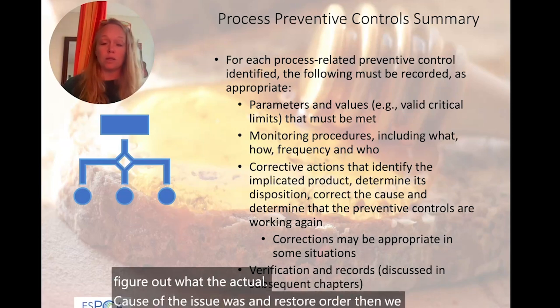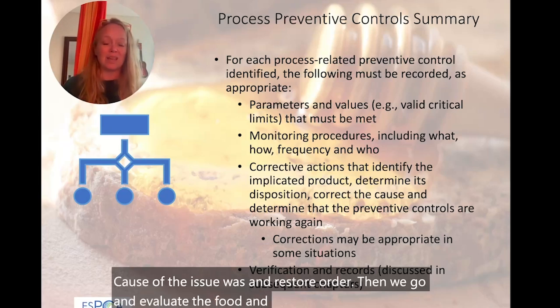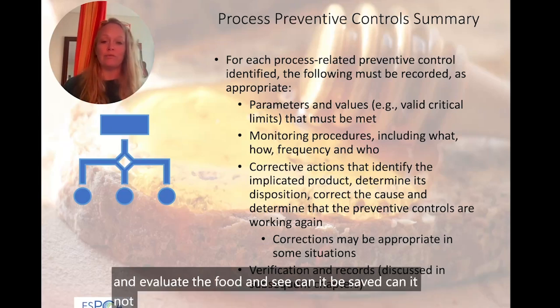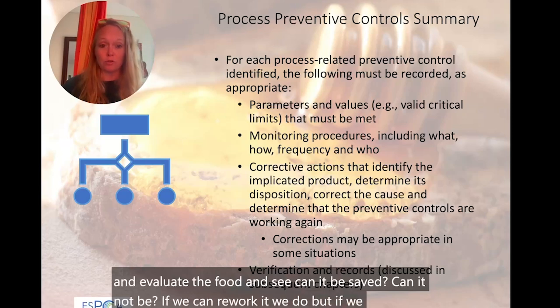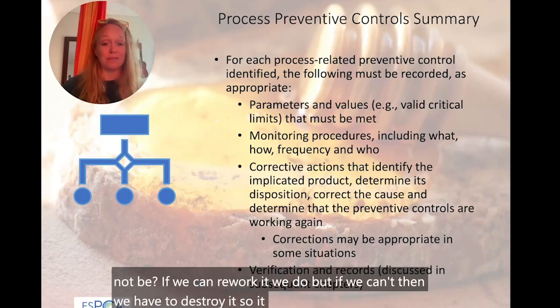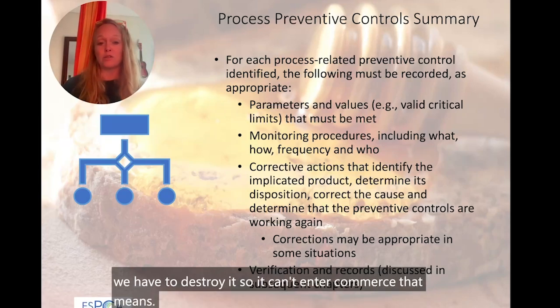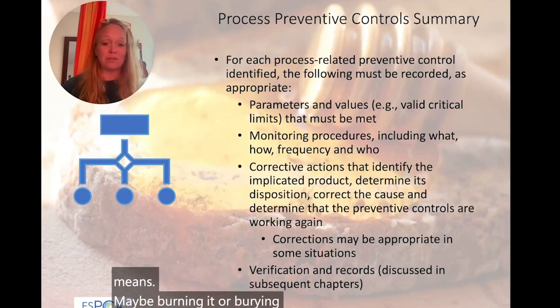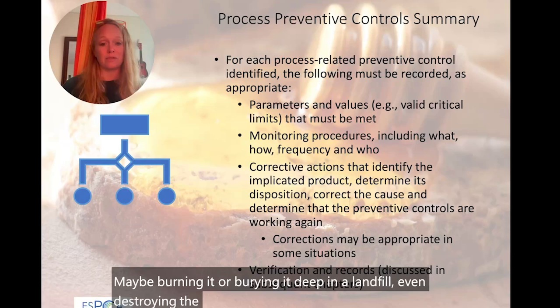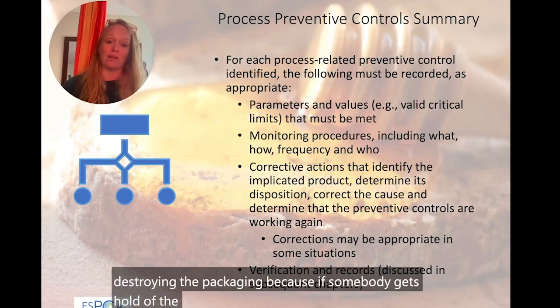Then we evaluate the food and see, can it be saved? If we can rework it, we do. But if we can't, then we have to destroy it so it can't enter commerce. That means maybe burning it or burying it deep in a landfill, even destroying the packaging. Because if somebody gets hold of the packaging, then you are liable.